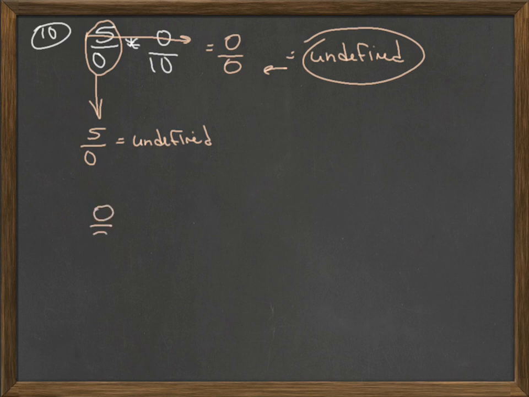Please do not be tempted to think that these cancel out. 0 divided by 0 is not 0, it's not 1, it is undefined. As soon as you see 0 in the denominator, you can just stop what you're doing, write undefined, and move on with your life, because you can't have 0 in the denominator.